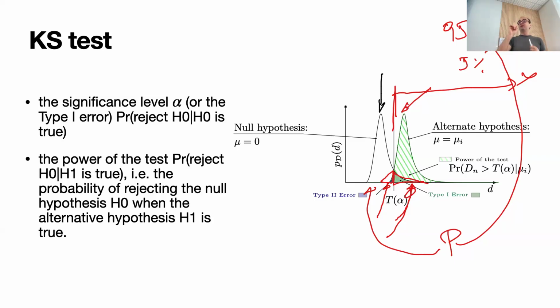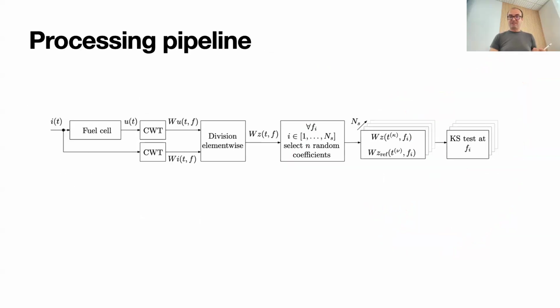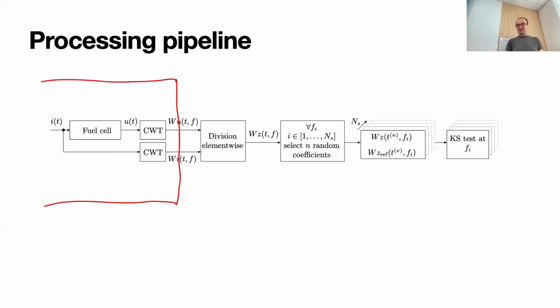It doesn't mean that it comes from a different distribution. I just cannot reject it. It's not exclusive. Let's see actual results, how we can calculate this. The process in Python is rather simple. Up until here is everything we have done already.